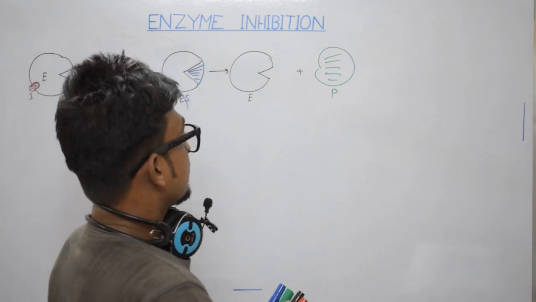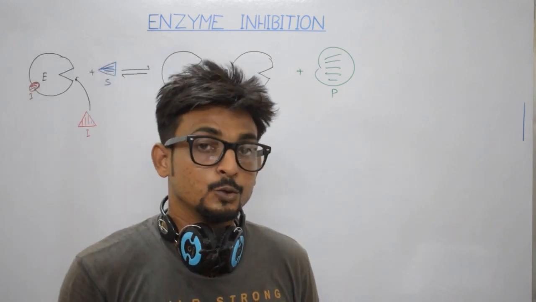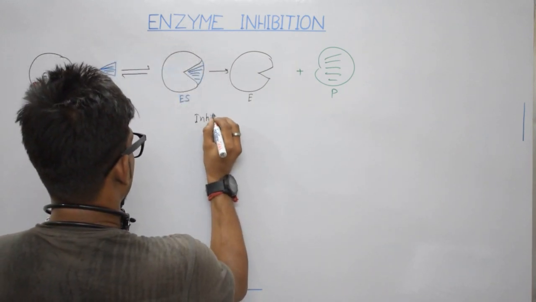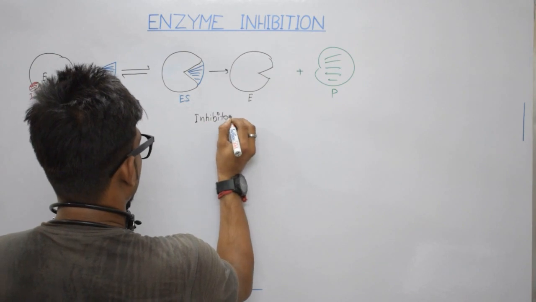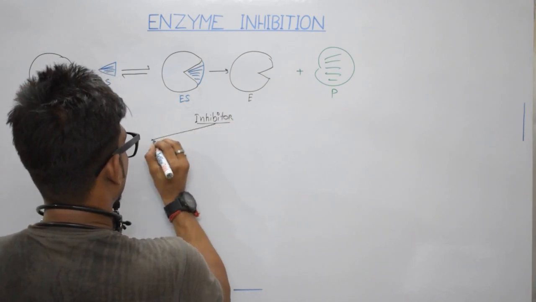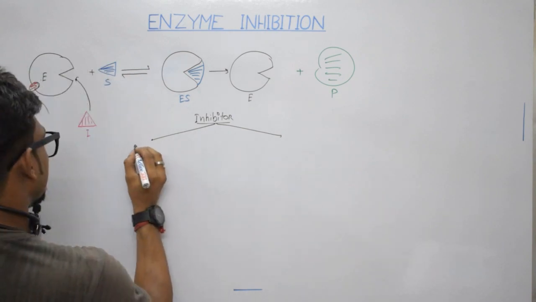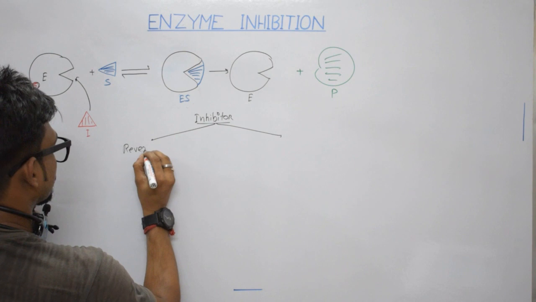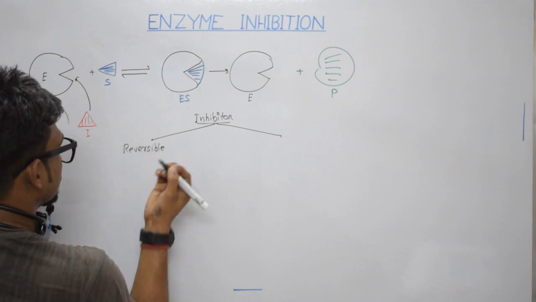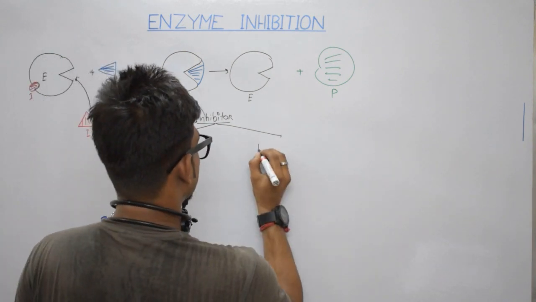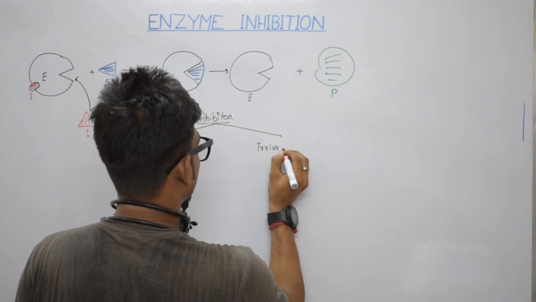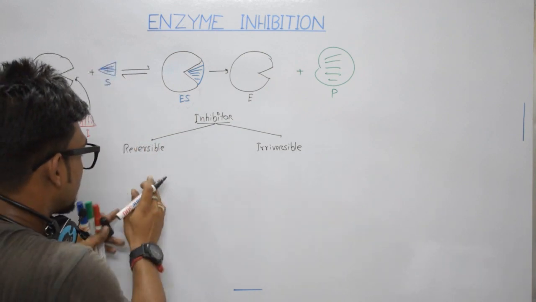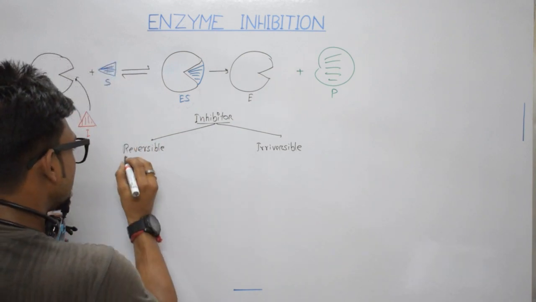Now let me categorize the inhibitor into two ways. So inhibitor, number one is reversible. Reversible inhibitor. Another one is the irreversible. Irreversible inhibition. Under this reversible inhibition, there are three categories.